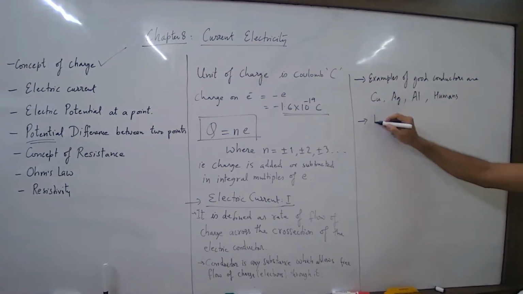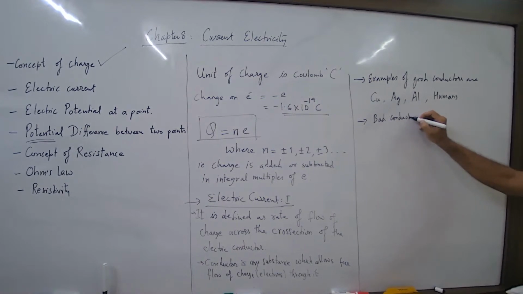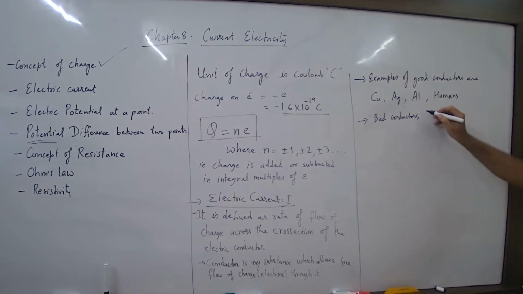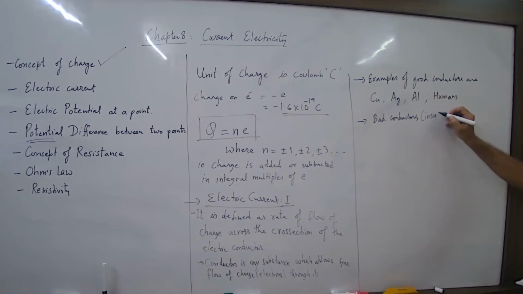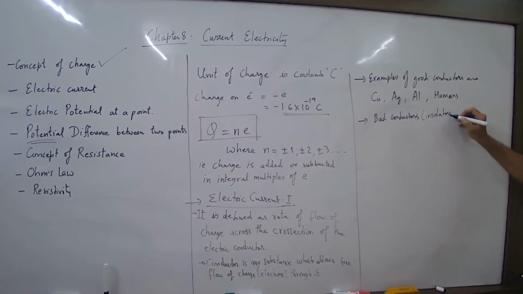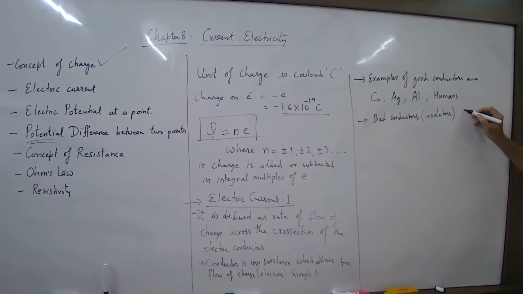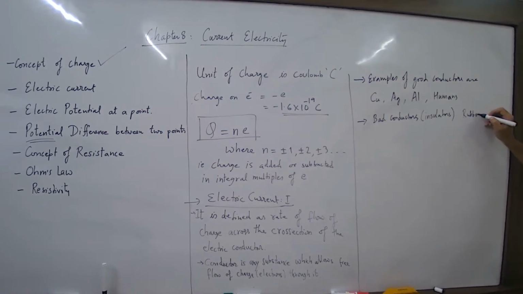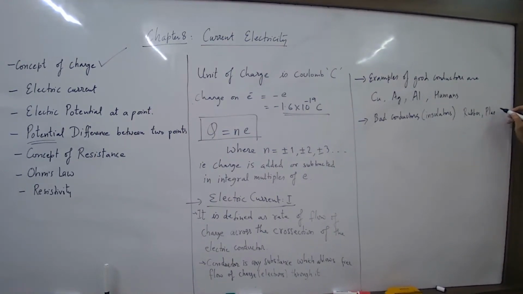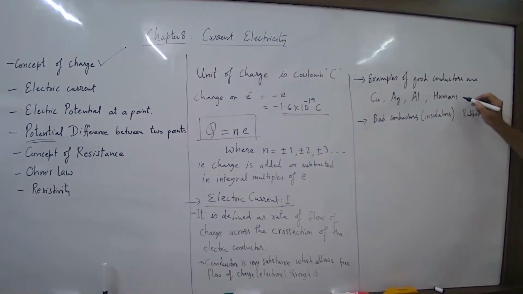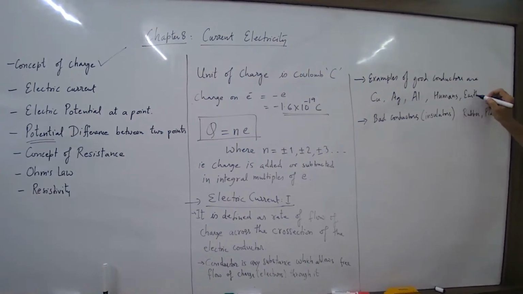Alright. So bad conductor examples? Good. Yes. Plastic. These are also called as insulators. Okay? So rubber, plastic, human and earth also.